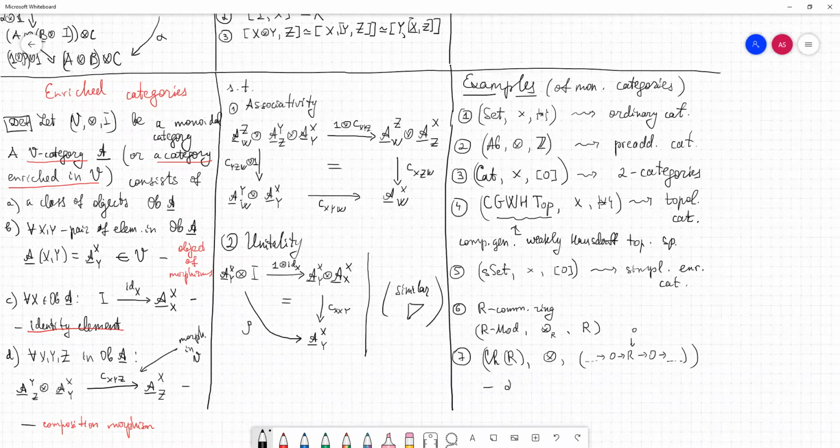And then you will work with DG categories. A DG category is a little more fancy thing, but still they are enriched in chain complexes.